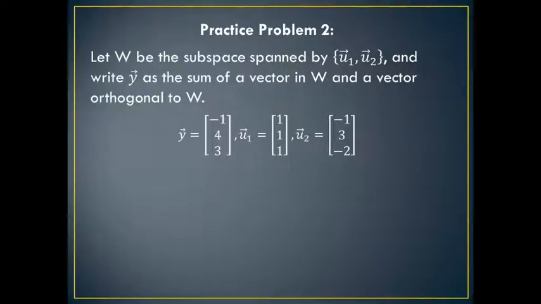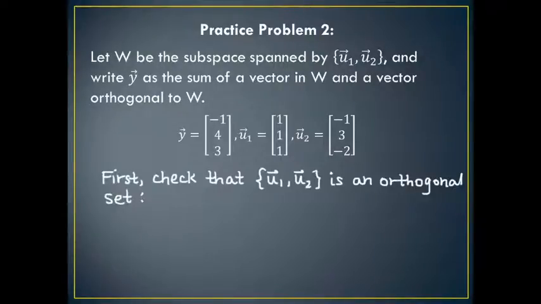Okay, here's another practice problem. Let W be the subspace spanned by u1, u2, and write y as the sum of a vector in W and a vector orthogonal to W. Now we have a different y, u1, and u2 than we did in the previous problem. So first thing we want to do is check that u1, u2 is an orthogonal set. Otherwise we can't use the theorem.